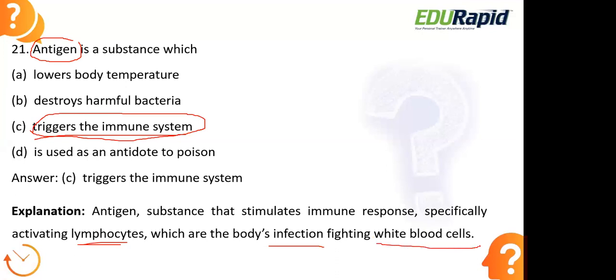So our white blood cells will get activated and start fighting against the foreign substances that have entered our bloodstream. So antigen is required to trigger our immune system. Once it is triggered, it will start releasing antibodies which can fight against the antigen. It locks onto the surface biochemical pathway of the antigen.